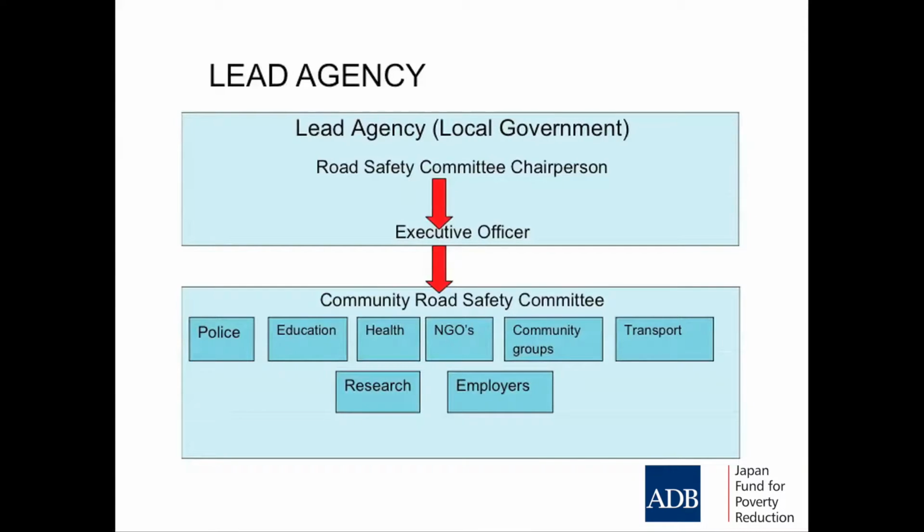Let's have a look at the lead agency approach, and in this case I'm using local government as an example of a lead agency. In this model, local government or the lead agency would provide the committee chairperson and probably the executive officer from within their organisation. People who already have a job would take on additional role.